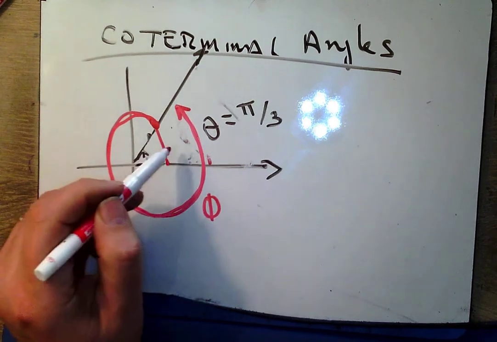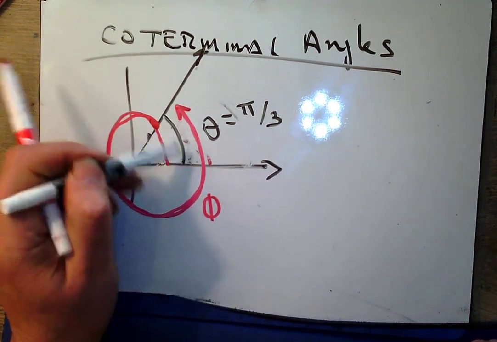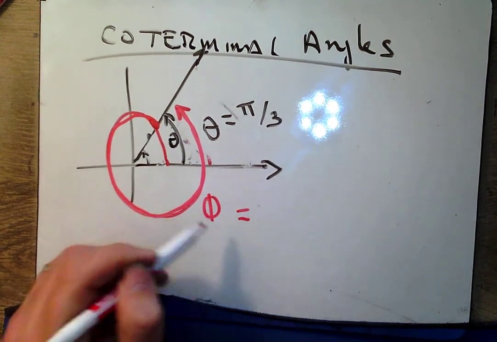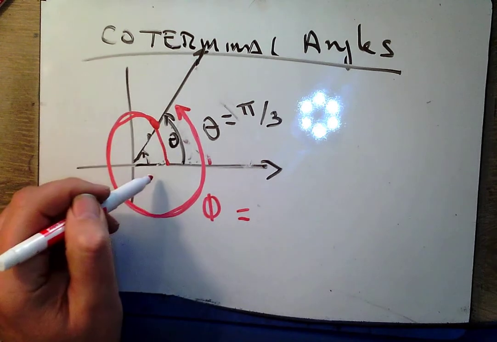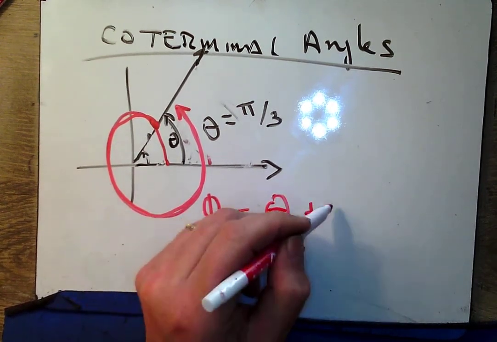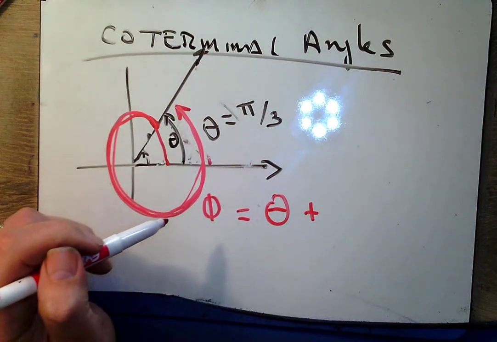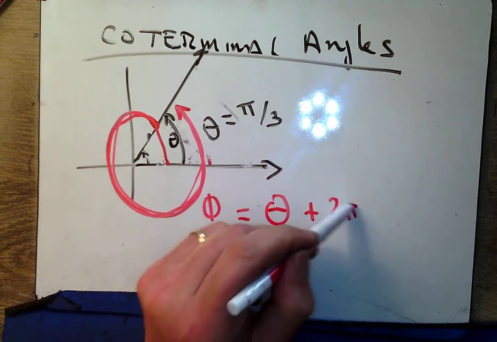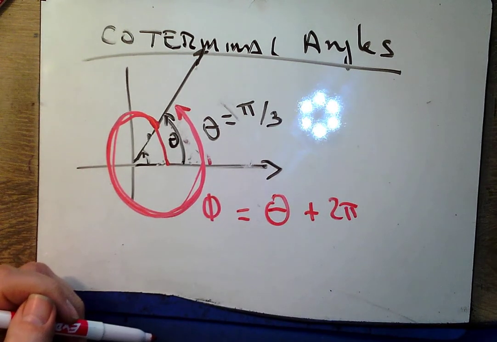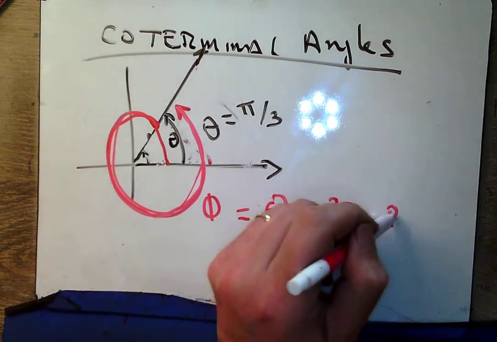So I know that if the original angle was theta, then phi, this coterminal angle, is actually theta plus once around the circle. How many radians in once around the circle? 2 pi. Oh. So there's my little recipe for positive coterminal angles.